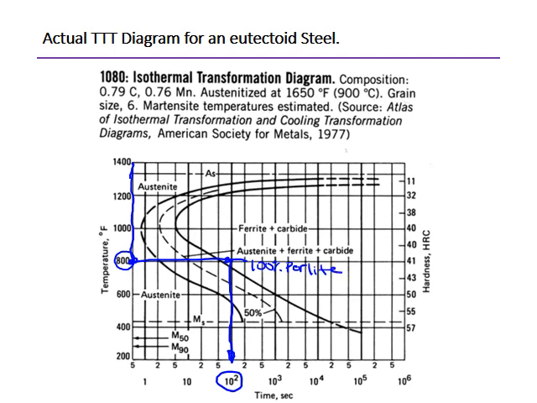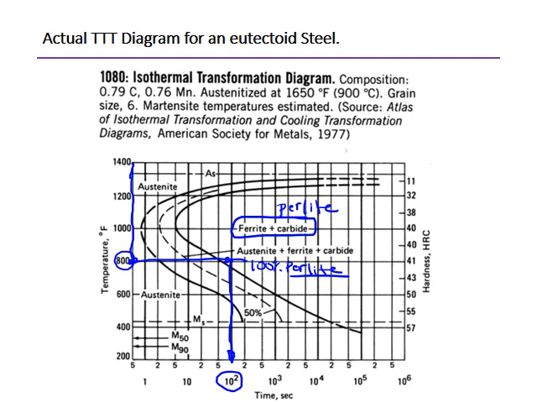You can see that in this diagram, they are talking about ferrite and cementite, which is also known as carbide. So they aren't telling you that this is pearlite. We know it is pearlite, but they just use the traditional way of saying it, ferrite and carbide.